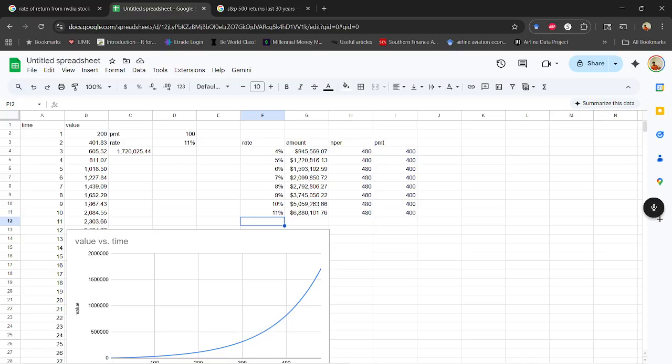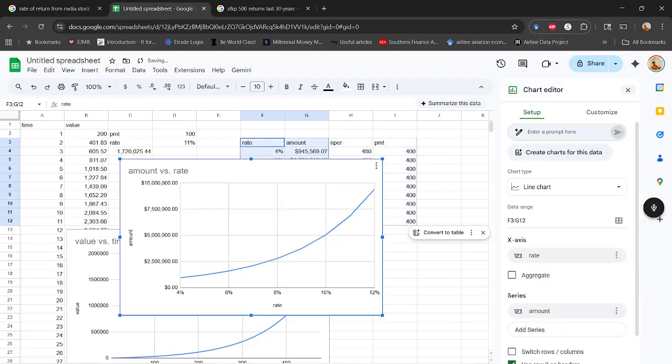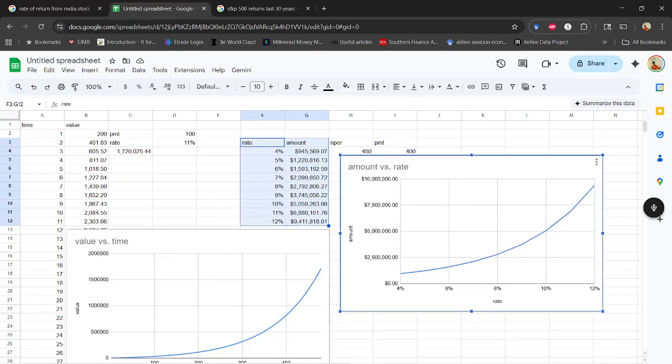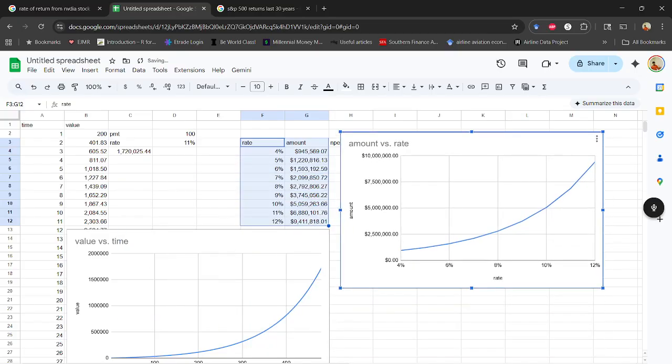And at 12%, slightly above the market return, we should get $9.4 million. So that is the power of compounding and discipline and just saving at a steady pace for an extended period of time. You can see that 10 million is just crazy.